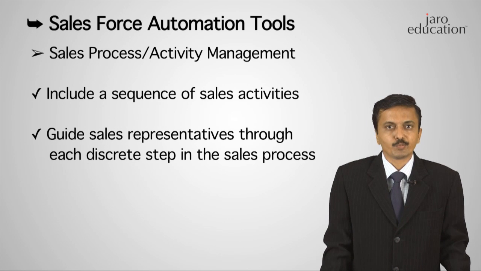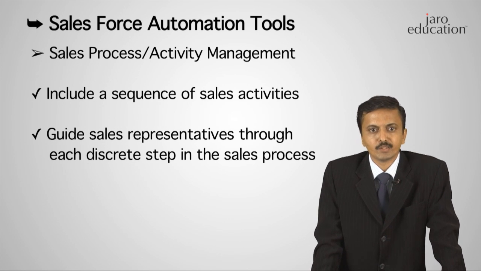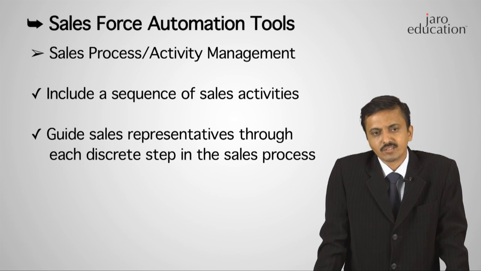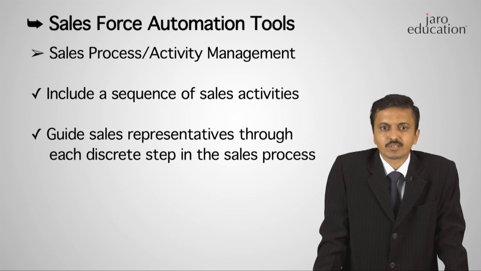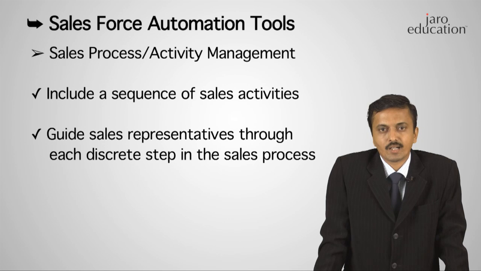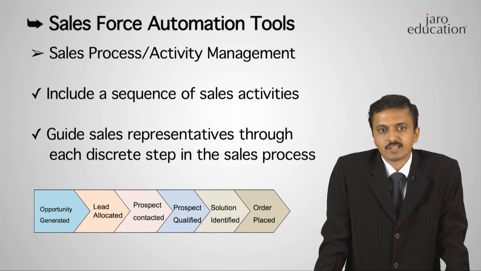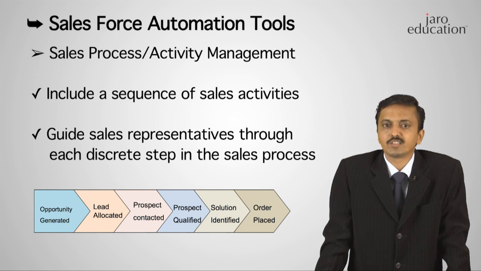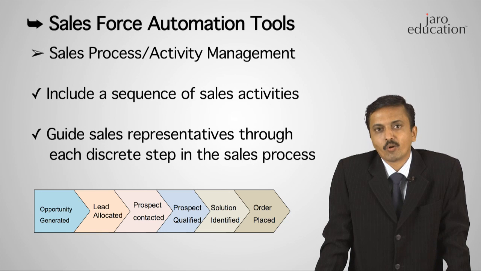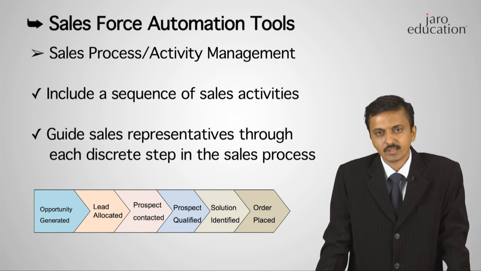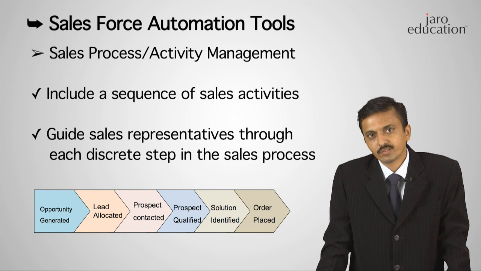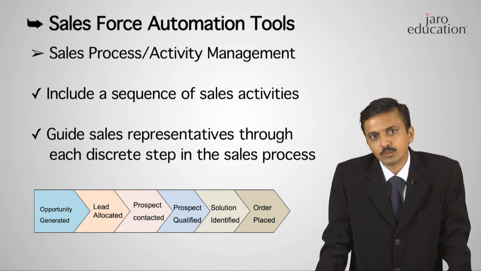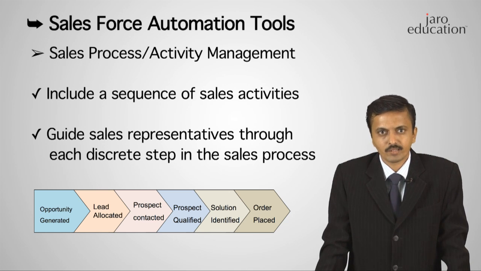So I was speaking of the tools. Sales process activity management includes a sequence of sales activities and guides sales representatives through each discrete step in the sales process. What are these activities actually? The sales process or activity management module will include the whole sequence of sales activities, starting from placing an order, types of products, the price of every product, what the benefits, discounts and promotion schemes would be, any applicable to all the products.